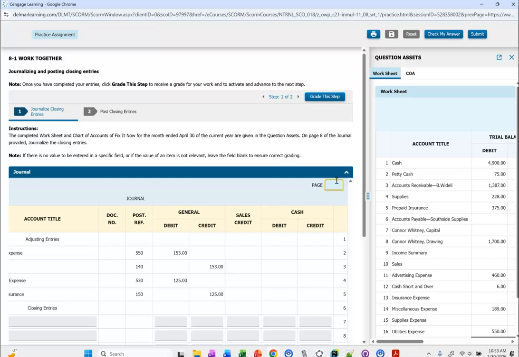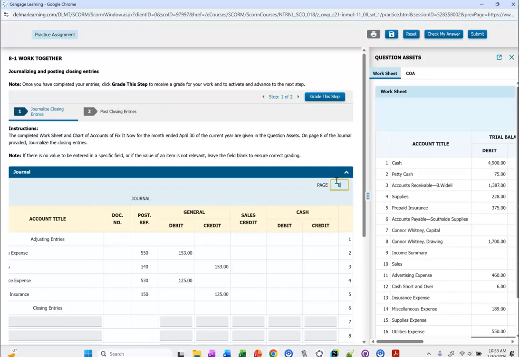Journalize the closing entries. So it tells me we're on page 8 of the journal, so I'm going to fill in the page number as 8 as my very first step. Everybody good there? That was just in the directions.